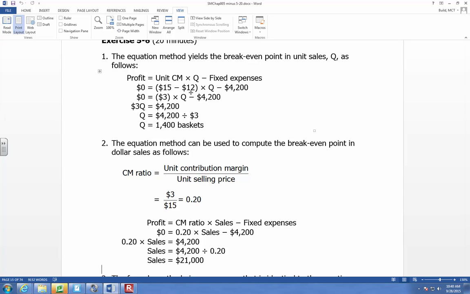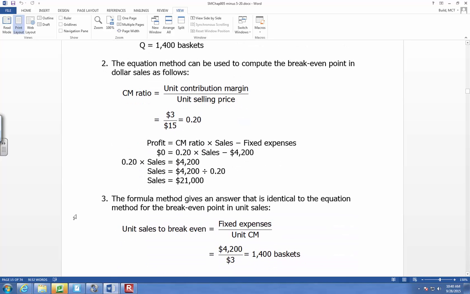That's the equation method. I don't really see any reason to do that with this. I mean, I get this, but this is just so intuitive. Or maybe it's not intuitive, maybe it's just more intuitive. So I've got my contribution margin ratio, 20%. So if I've got to cover my fixed costs, 4,200 divided by 0.2, what do I have to generate?